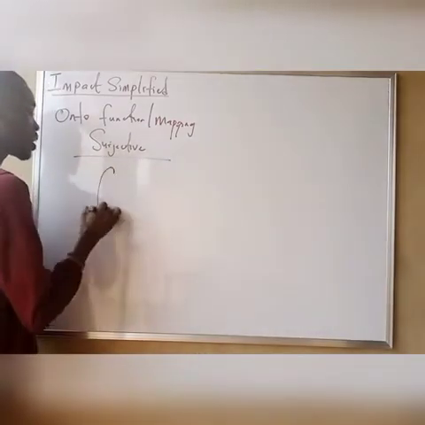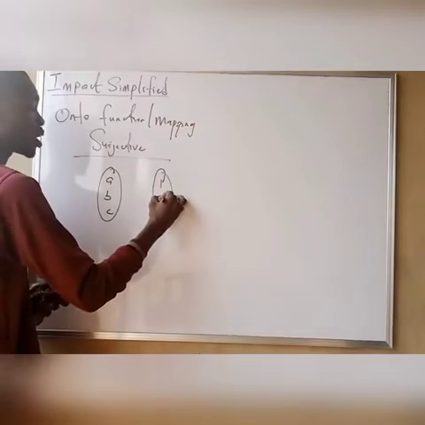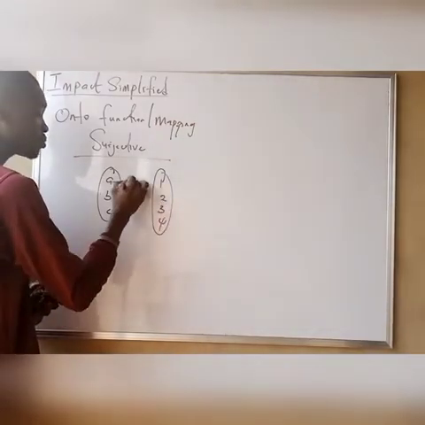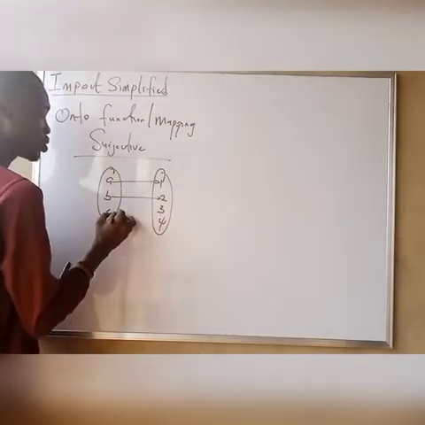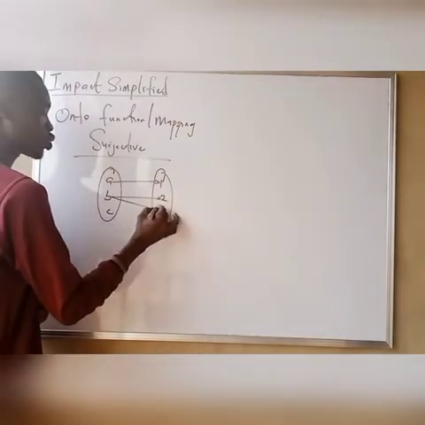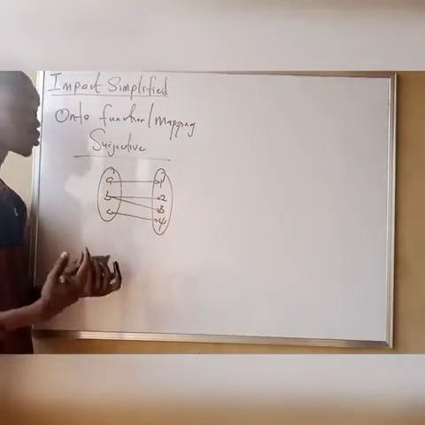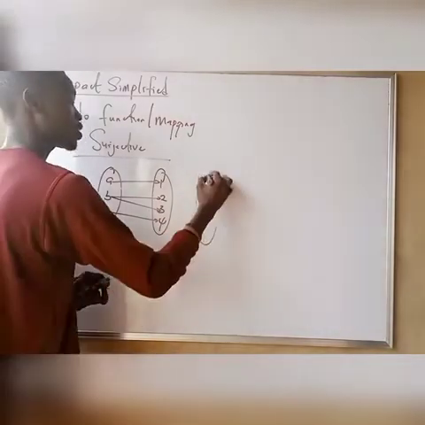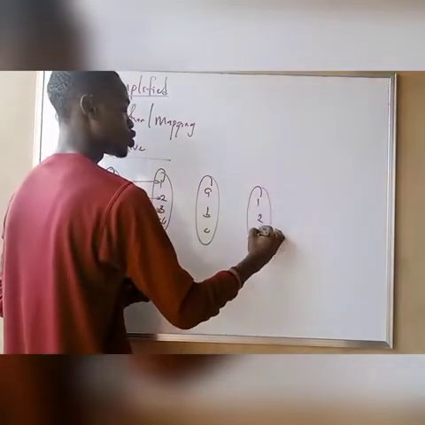Now let's look at this example again. We have A, B, C, and let's assume we have 1, 2, 3, and 4. They can map A to 1, B to 2, B to 3, and we have C to 4. It is also surjective. And also, let's look at this A, B, C. We have it as 1, 2, 3.